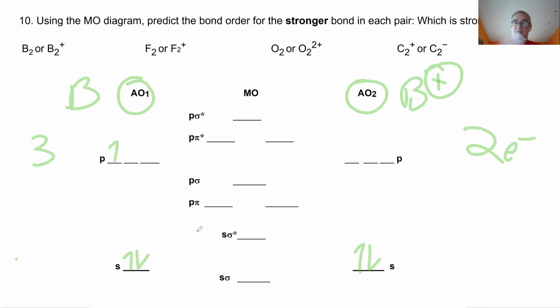So let's start filling up our molecular orbitals. So where do we start when we start with our molecular orbitals? S sigma. Now I just took the numbers off, so don't be freaked out. It should be a 2 or it should be a 3. I just took them off because then we could put whatever atoms we want here.